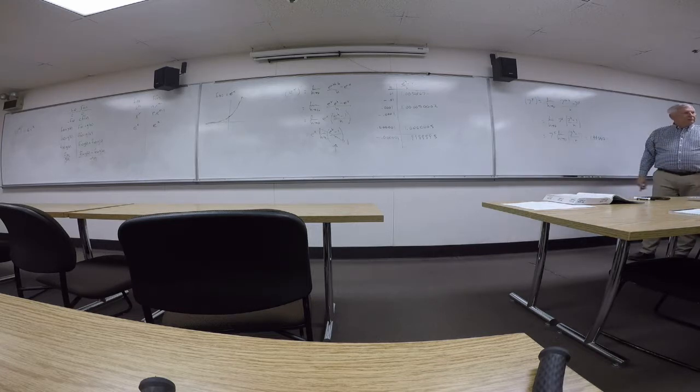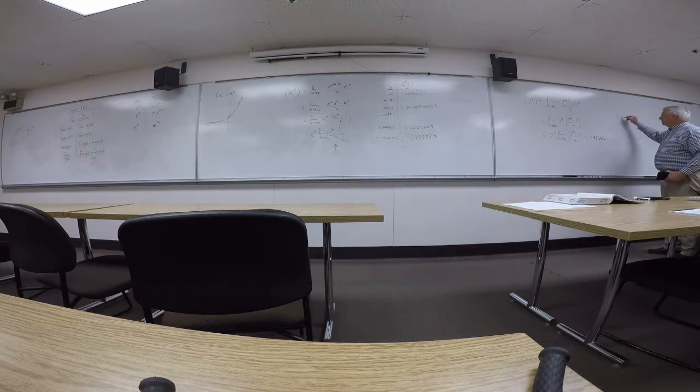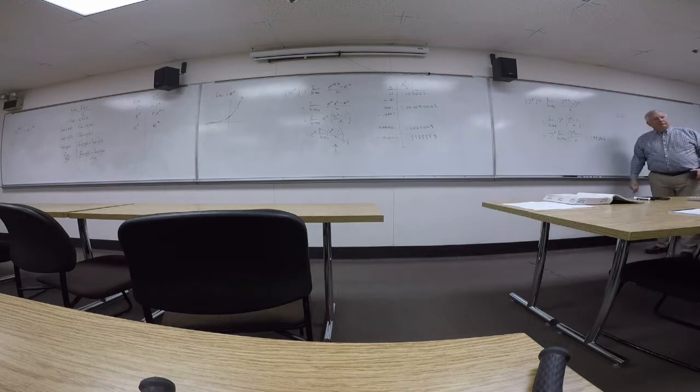What is that number? What is the natural logarithm of 7? What does your calculator show the natural log of 7 to be?